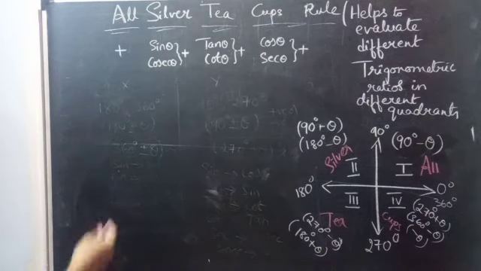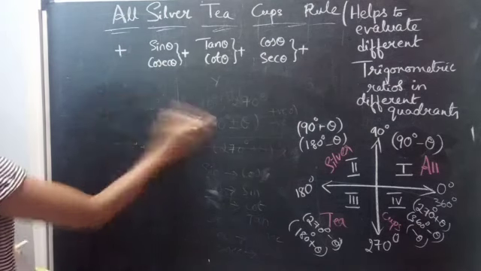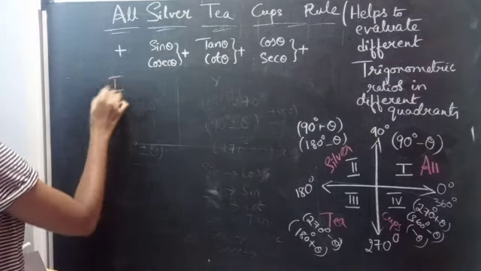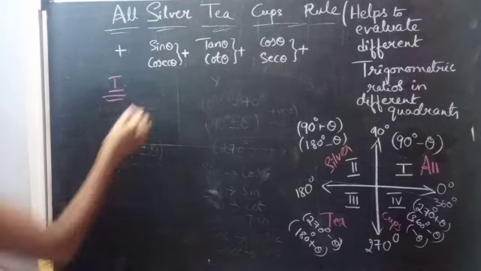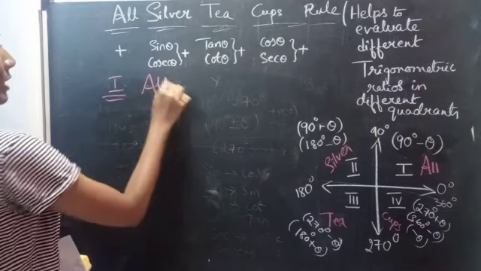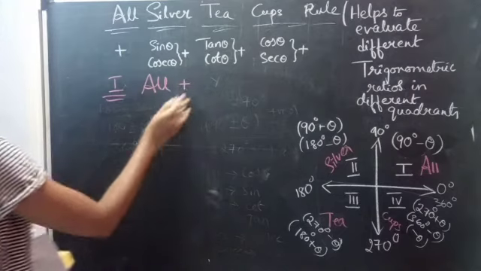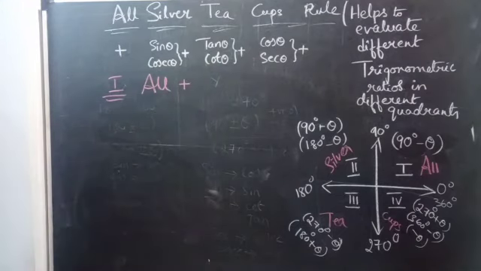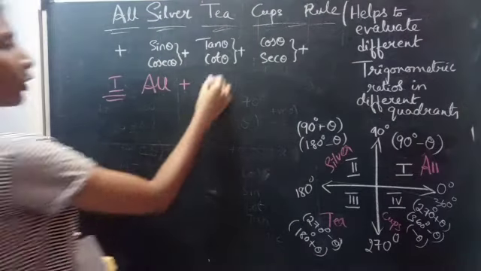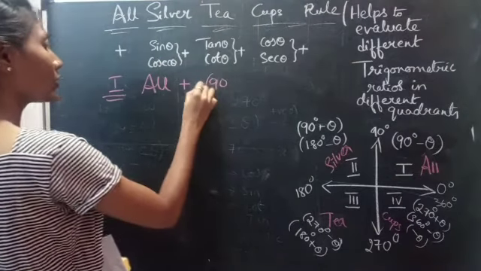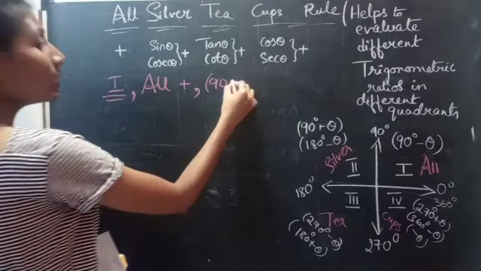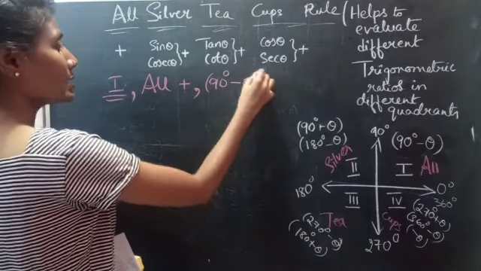So now let's start with the first quadrant. In the first quadrant, that is all, which means all trigonometric ratios have a positive sign. And here we are going to find for 90 degrees minus theta.